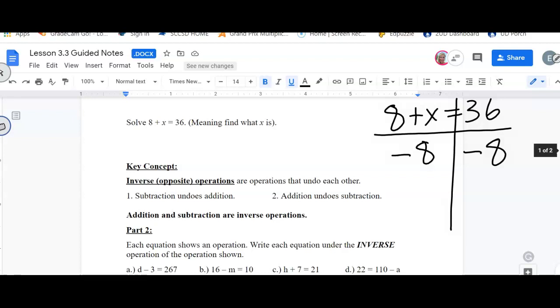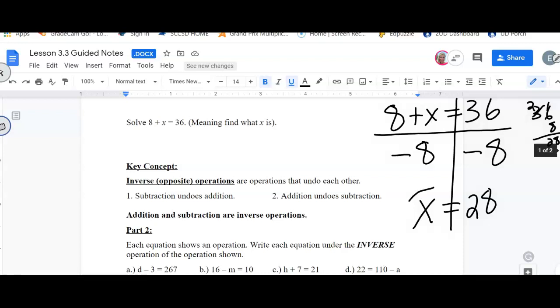Okay, on the left-hand side, what are we going to be left with? Colin? X equals 36 minus 8. 28. Am I done? Bryce, am I done? Nope. What do I need to do?